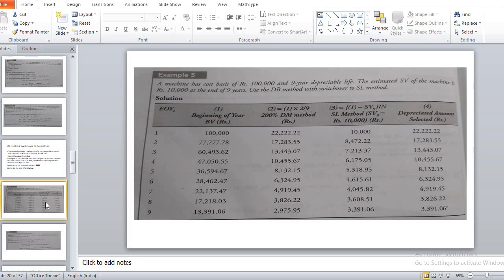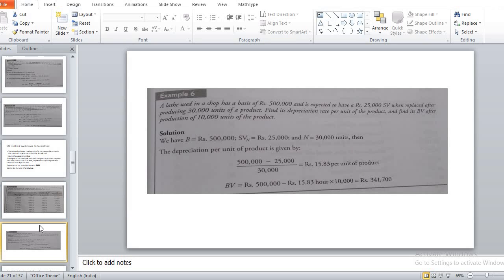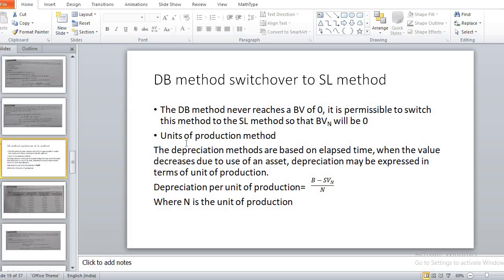Now, sometimes the depreciation amount is calculated according to the number of products that we produced within a particular period of time. Suppose 10,000 products are produced by a particular machine.